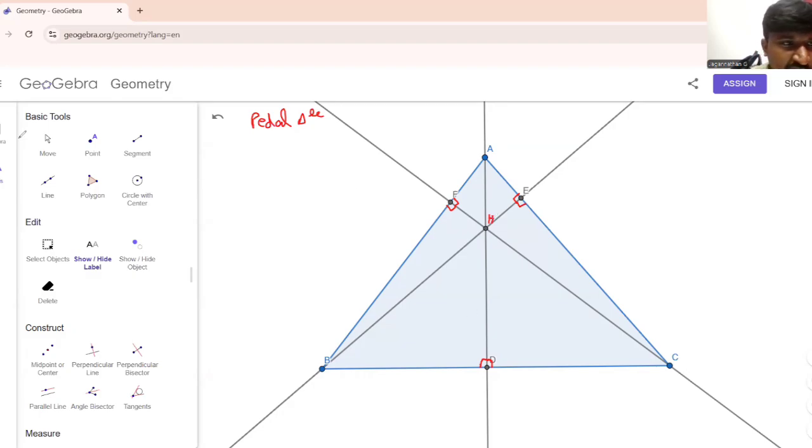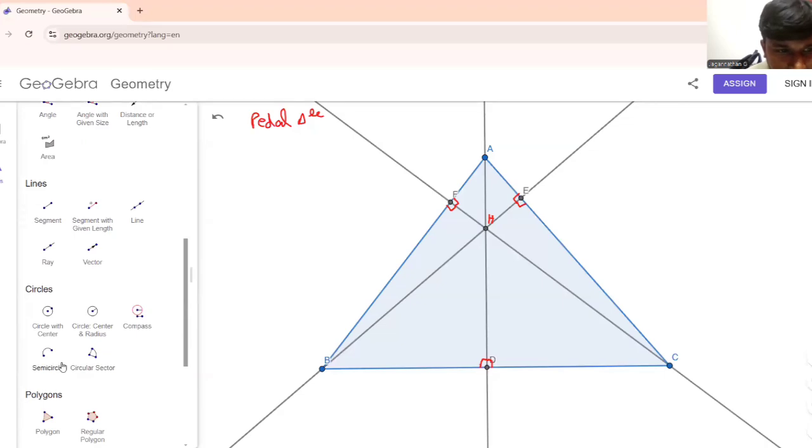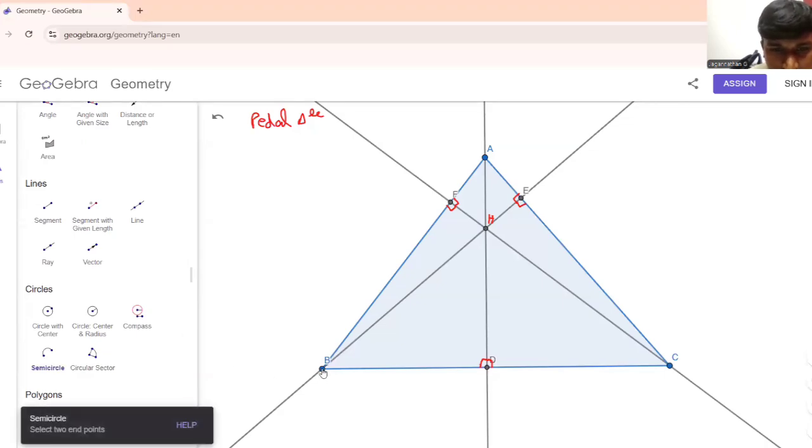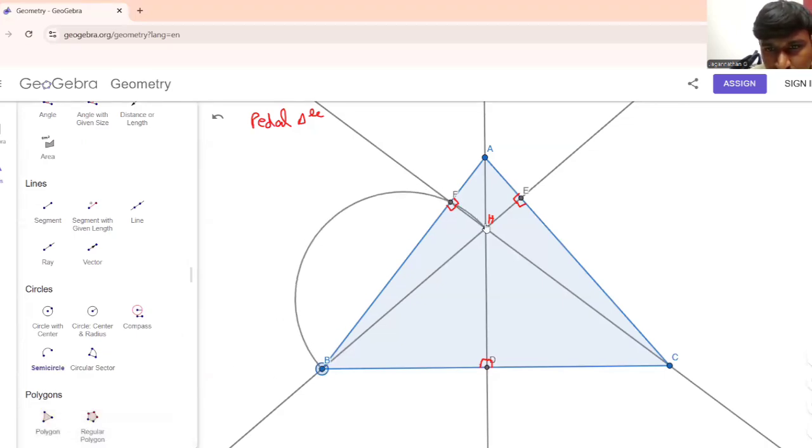They are adding up to 180, meaning there will be a circle passing through that quadrilateral, because a cyclic quadrilateral has the property of a circle passing through it. So there is a circle passing through this quadrilateral.